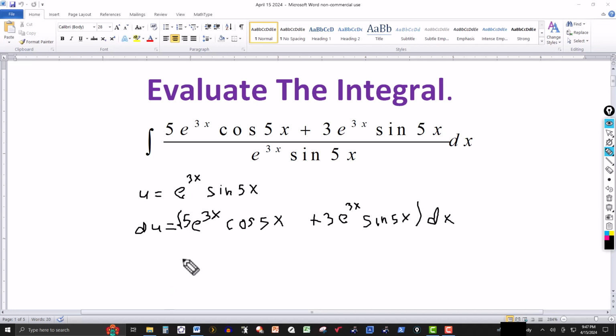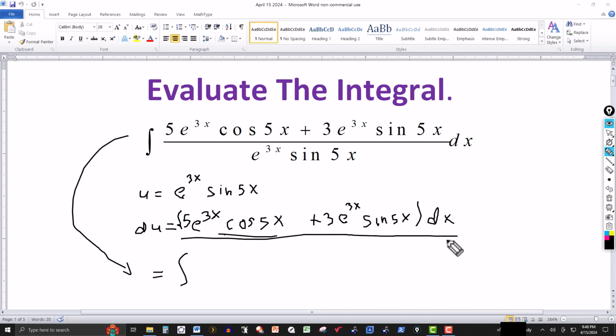So now, this is equal to, so we're going over here, the integral of 5 e to the 3x cosine 5x plus 3 e to the 3x sine 5x dx. That's what I have right there. So all of that can be replaced by du. So that's giving me du here.